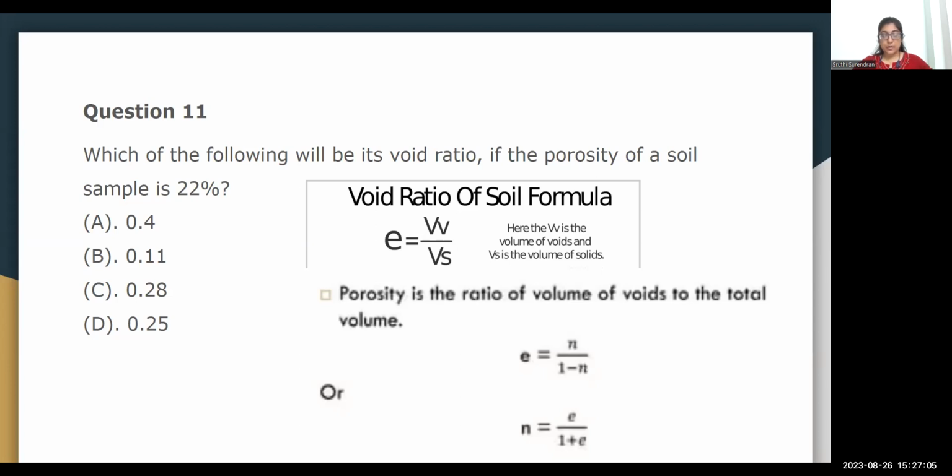If E is the void ratio and N is the porosity, E is equal to N by 1 minus N and N is equal to E by 1 plus E. So this is how these two terms are related to each other. Using one of these relations, we can find the solution for this question.